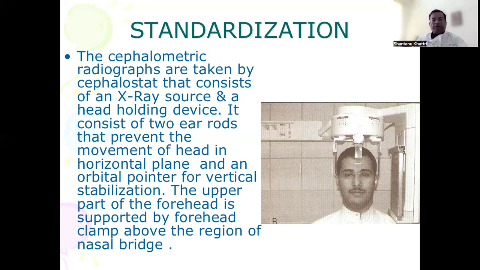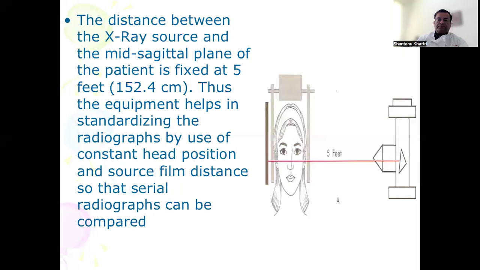The upper part of the forehead is supported by a forehead clamp above the region of the nasal bridge. The distance between the X-ray source and the mid-sagittal plane of the patient is fixed at 5 feet. Thus, the equipment helps in standardizing the radiograph by use of constant head position and source film distance, so that serial radiographs can be compared.